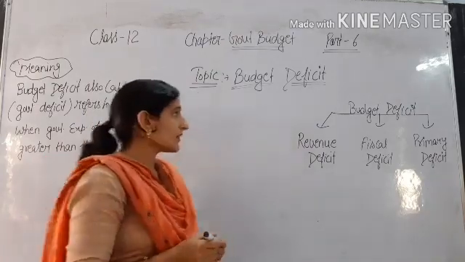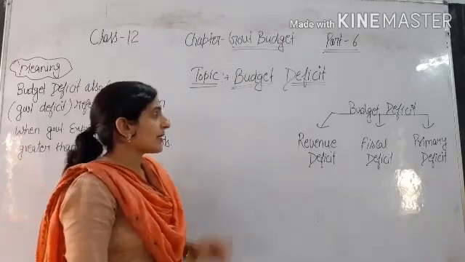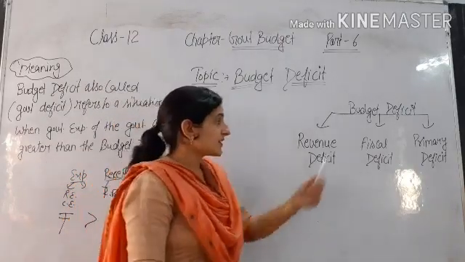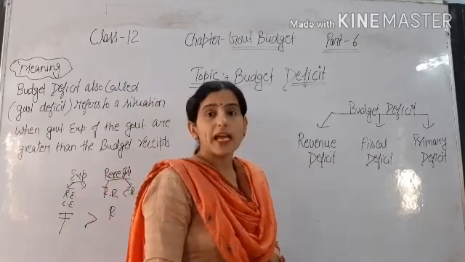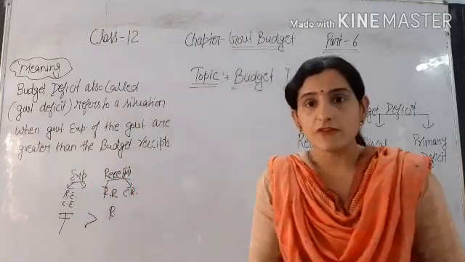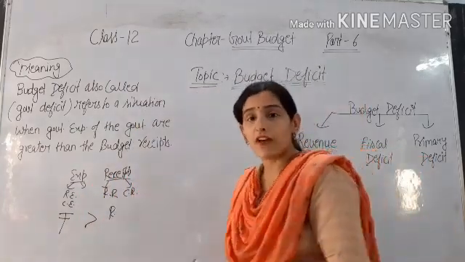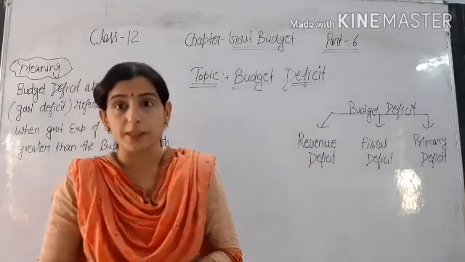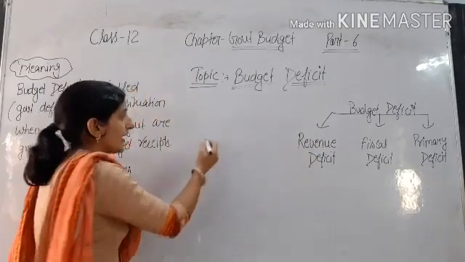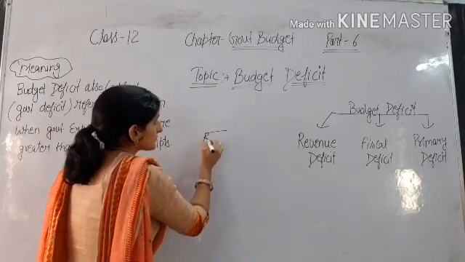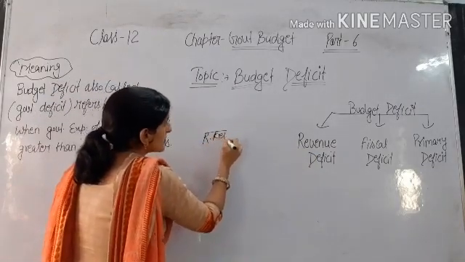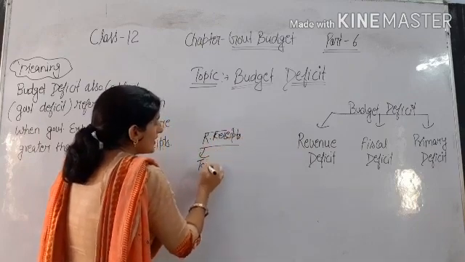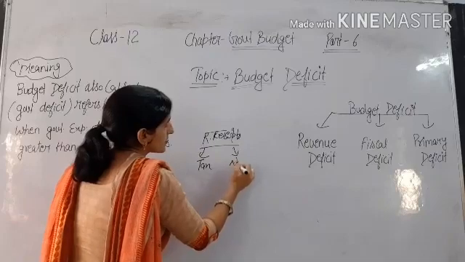There are mainly three types of budget deficit: revenue deficit, fiscal deficit and primary deficit. Revenue deficit means when government revenue expenditure is greater than revenue receipts. In revenue receipts we include tax and non-tax receipts.